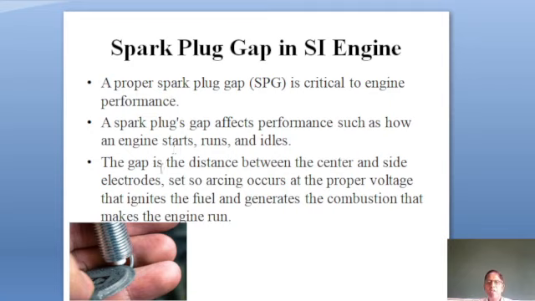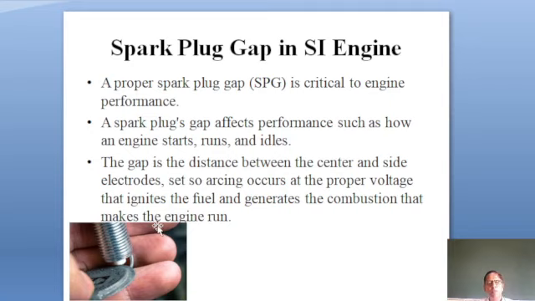The gap is the distance between the center and the side electrodes. It is the distance between the two electrodes, one which is at the center and one which is at the side. So arcing occurs at a proper voltage that ignites the fuel and generates the combustion that makes the engine run.